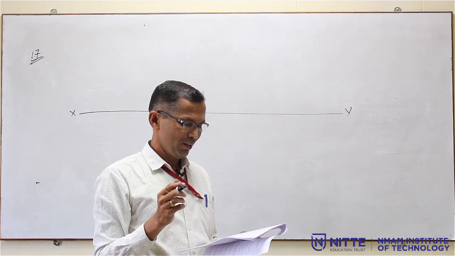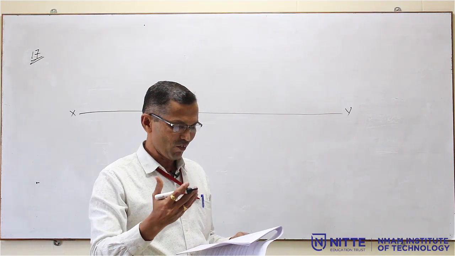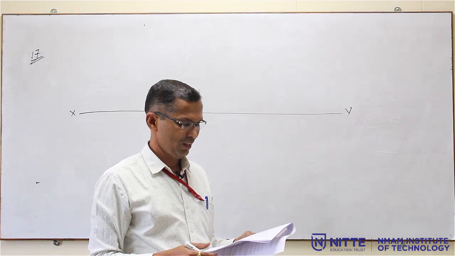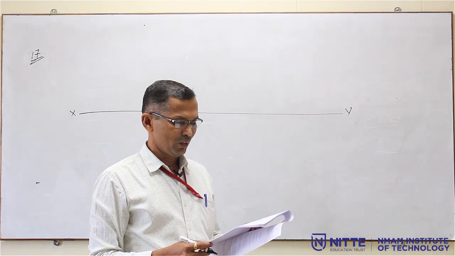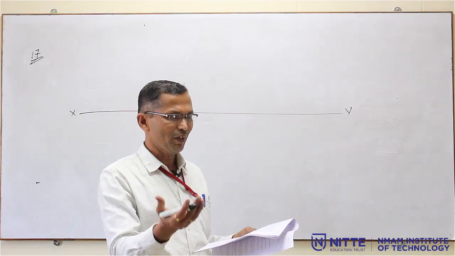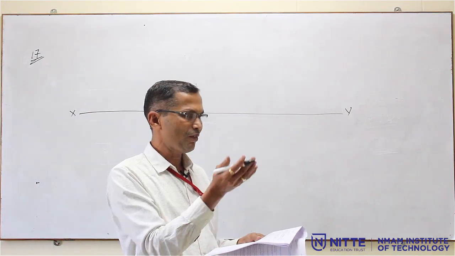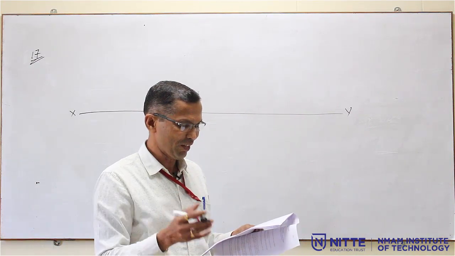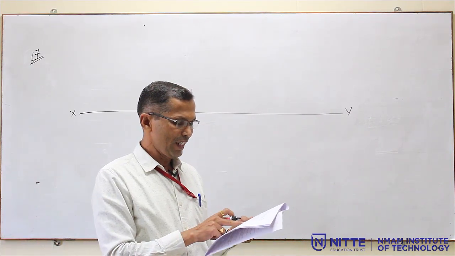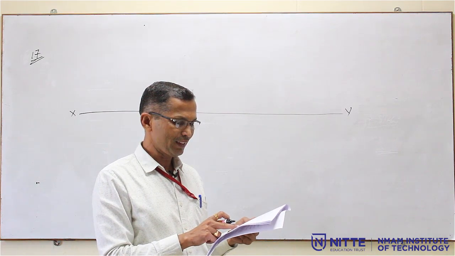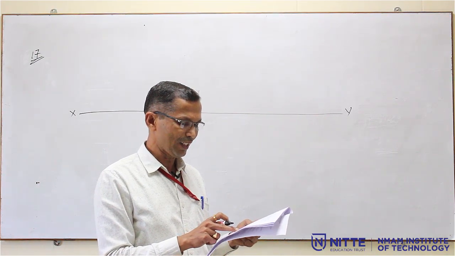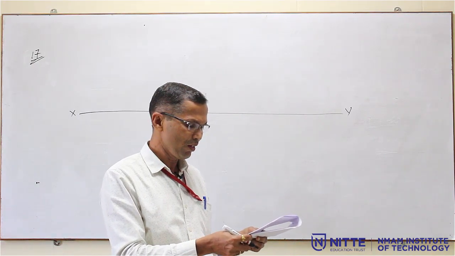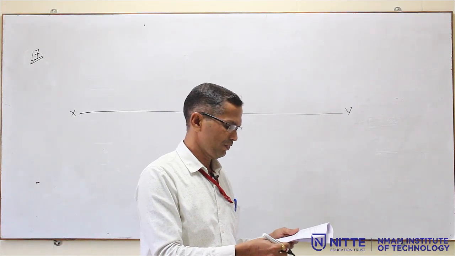So, one will be in the first quadrant and the other one will be in the second quadrant. Behind VP means second quadrant, in front of VP means first quadrant. The line joining their top views makes an angle of 40 degrees with the XY line. Find the horizontal distance between the two projectors.